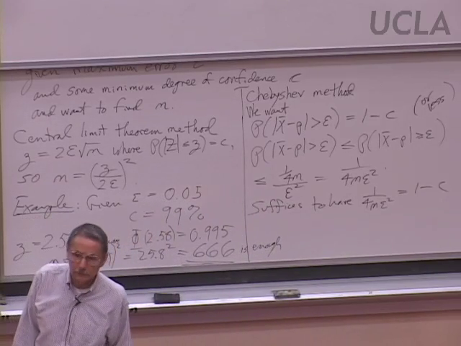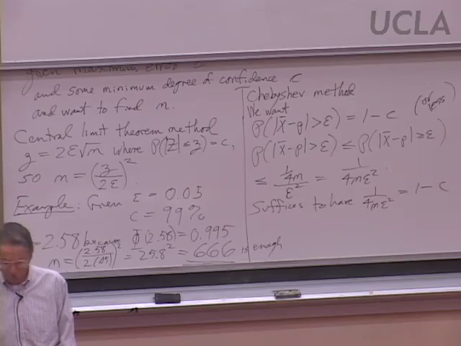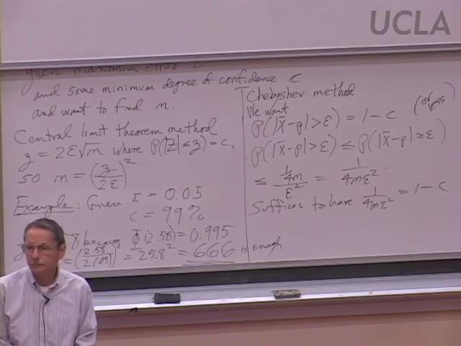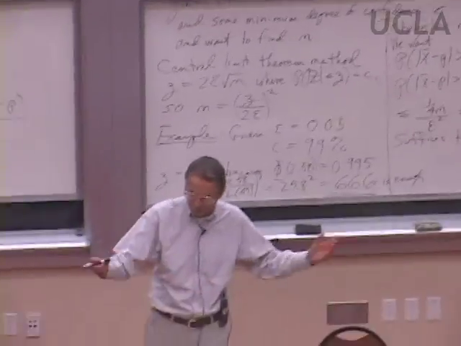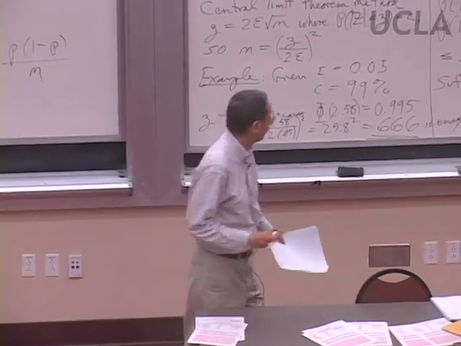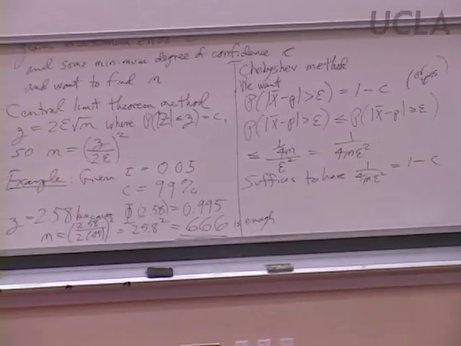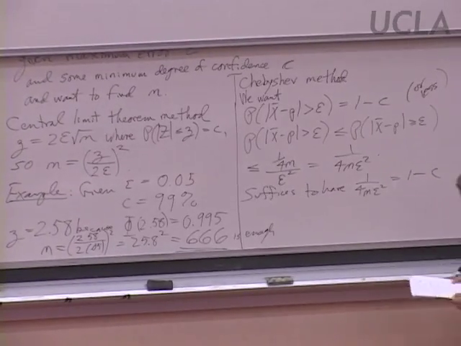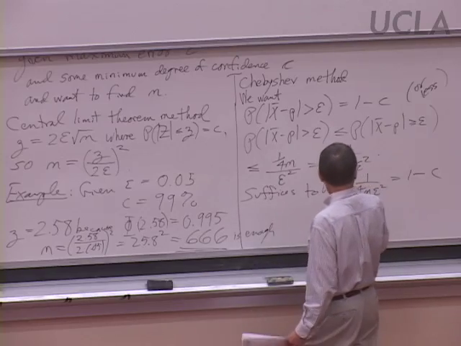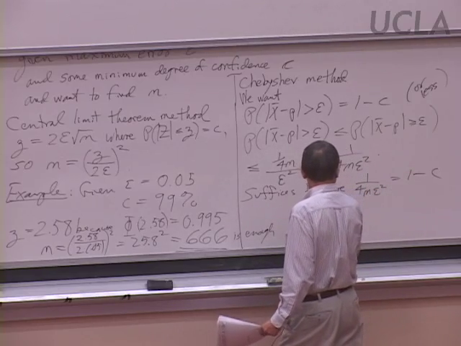The probability that the error is large is going to be, we've got an upper bound on it of 1 minus c. And so we can solve this for n. Okay, so let's do that.